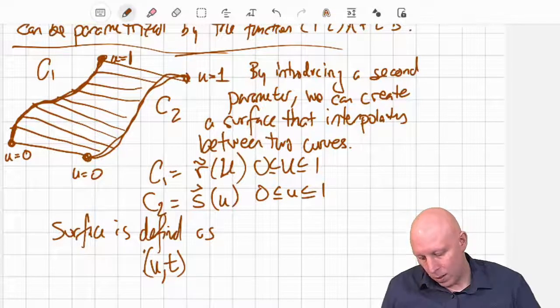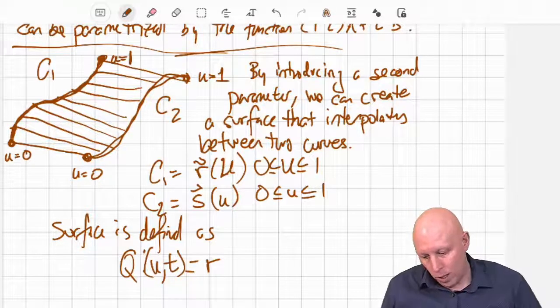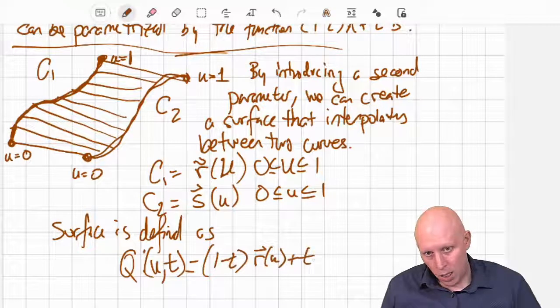Surface Q, because I need a letter. Q of u, t is the same thing that we did before, which is 1 minus t times R of u plus t times S of u.